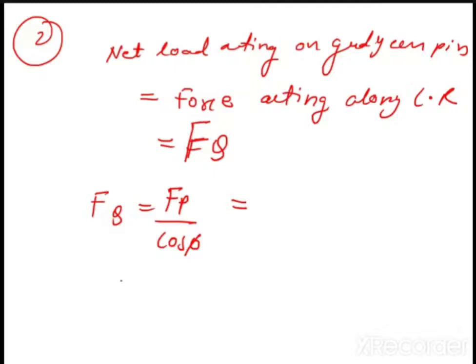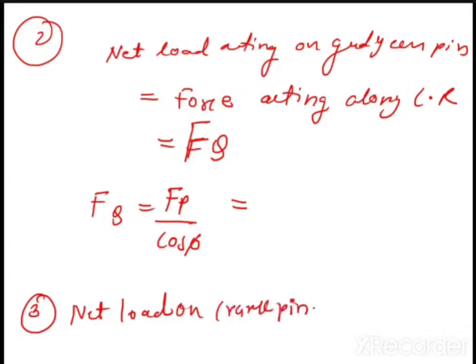त्याच्यानंतर नेट लोड ऑन द क्रँकपिन. सो थर्ड केस, नेट लोड ऑन द क्रँकपिन. So find this net load on the crankpin. Ft means what? The force perpendicular to the crank. So net load on the crankpin means it's a crankpin effort. त्याच्यामुळे crankpin effort तयार होतो.